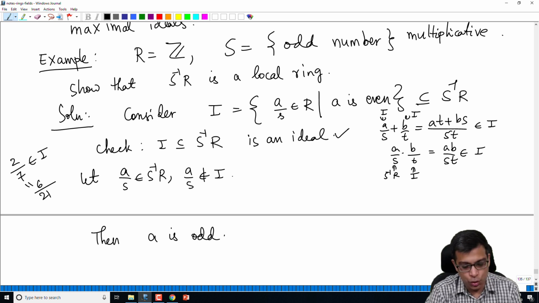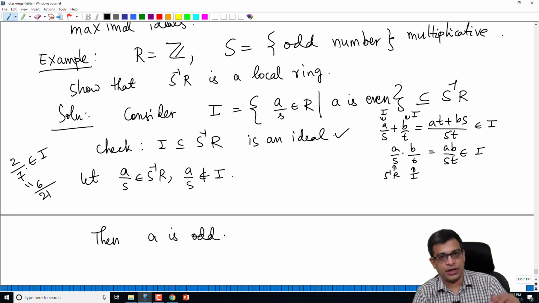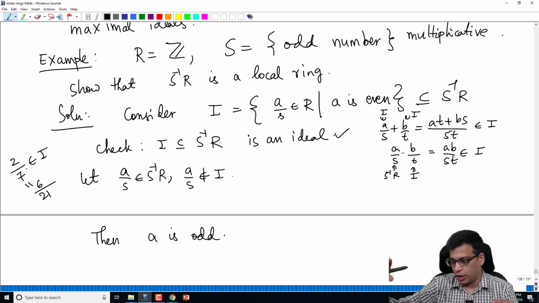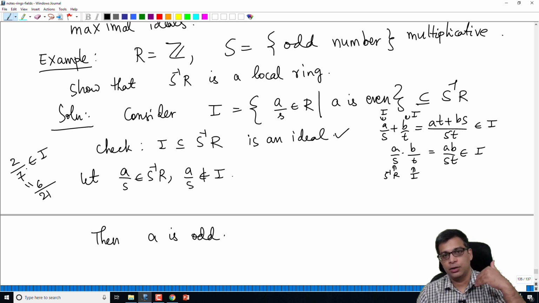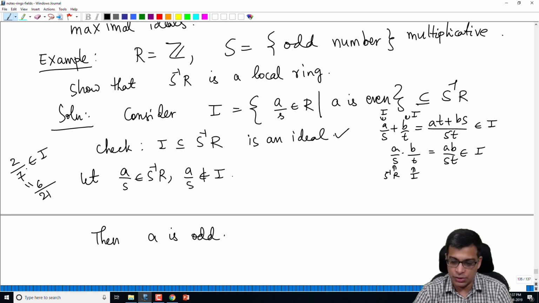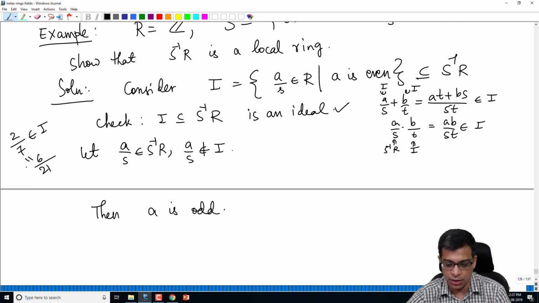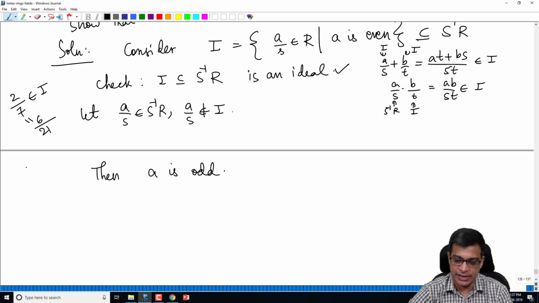Even with the representation 6 by 21, the numerator is even. You can never write this with an odd number on top divided by an odd number, because when you cross multiply, one will be even and the other odd, which cannot happen. So this is well defined. I am suppressing that here. You can ask in the discussion forum any questions about this or work it out for yourself. But this is a well defined ideal, a well defined set.